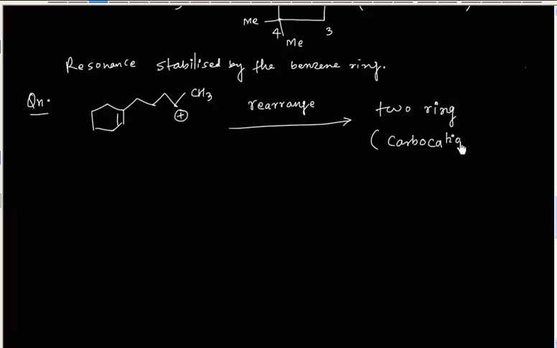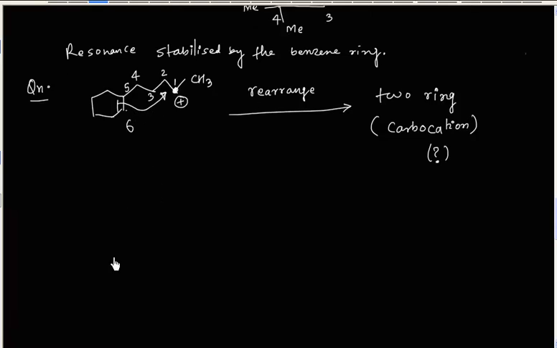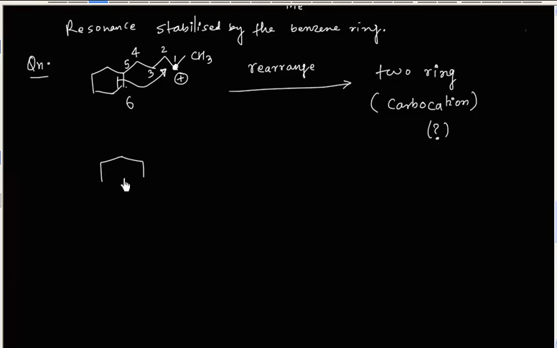So you have to write a structure of this carbocation. And this time again we can attack this double bond to this carbon that contains the positive charge. So if I do that, we will have a 1, 2, 3, 4, 5, 6 membered ring. That is, carbon number 6 and carbon number 1 are connected. So we will have two 6-membered rings.